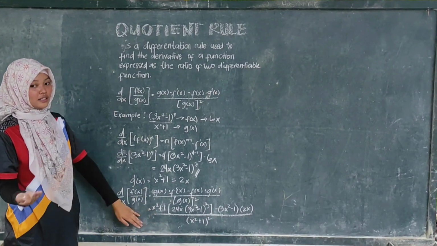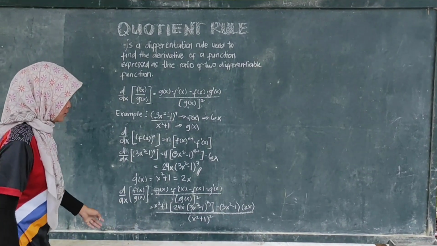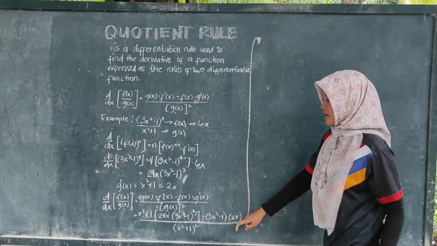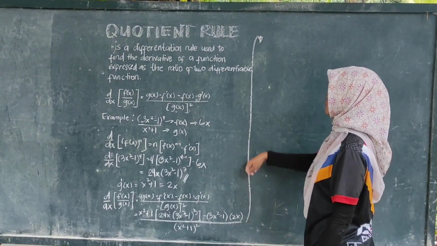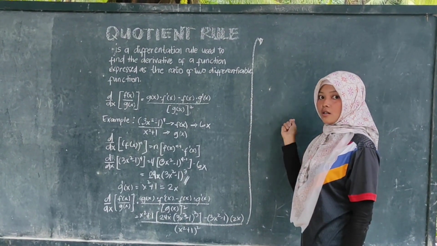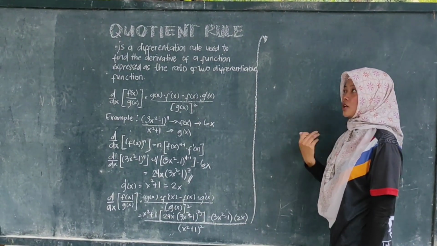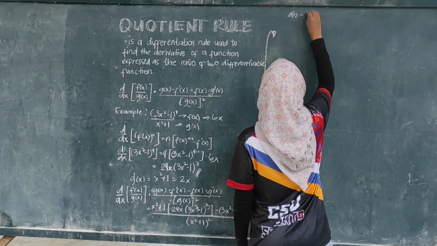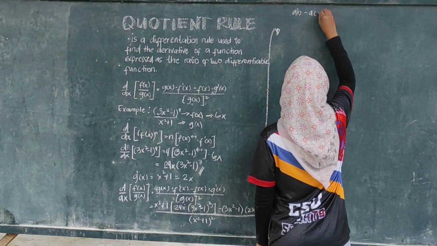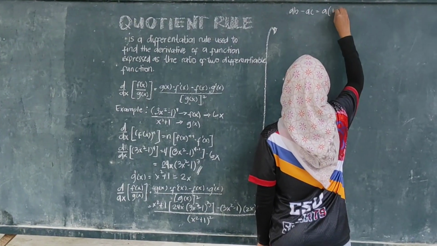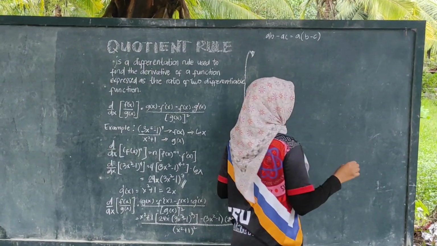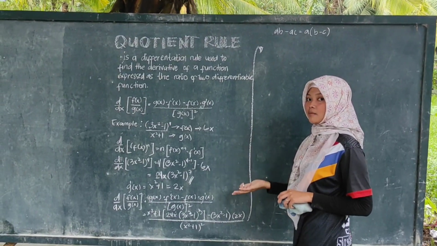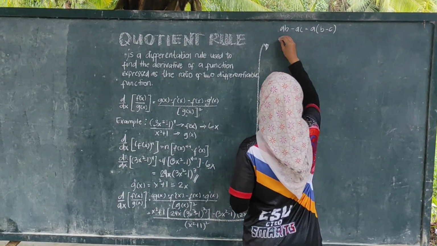So, did you get it, class? Okay, very good. So now, in simplifying the numerator, let's factor out the common term using the algebra rule: AB minus AC is equal to A times (B minus C). So the first step is let's identify the first term and second term.